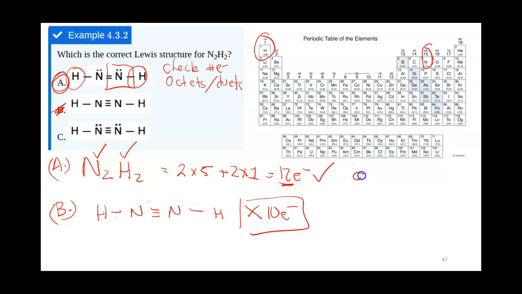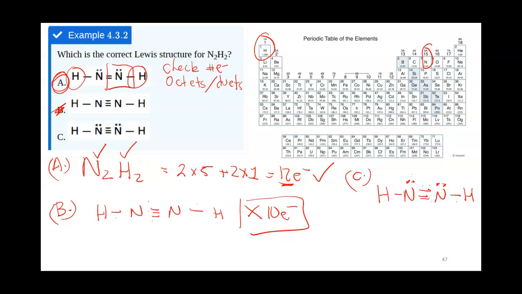Right, let's check C. The first thing we're going to do is check the number of electrons is correct, and then we're going to check octets. You can probably see already that this one is incorrect because both of the nitrogen atoms have 10 electrons around them. 2, 4, 6, 8, 10. 2, 4, 6, 8, 10.